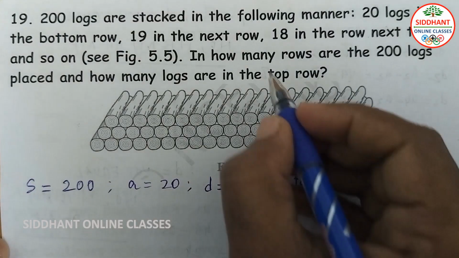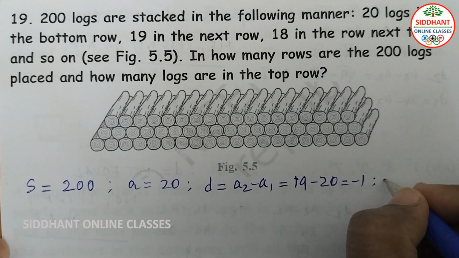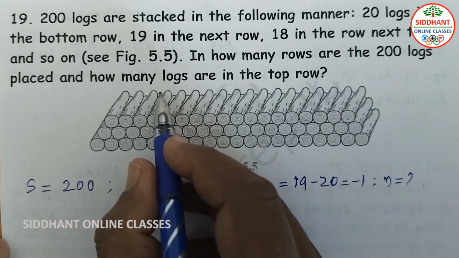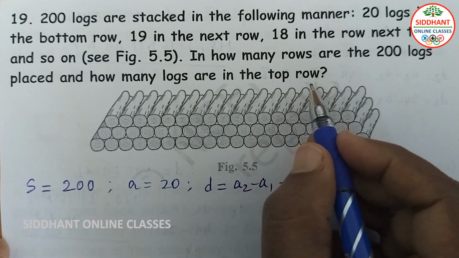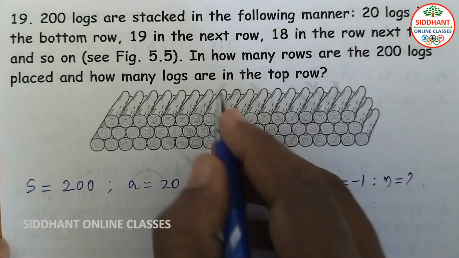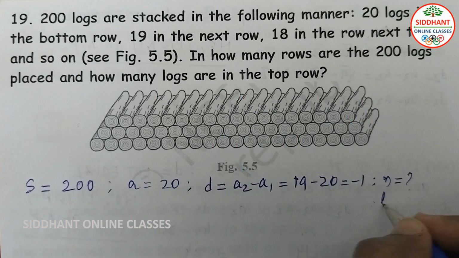And we are going to find out how many rows there are, that means we are going to find the n value here, and also how many logs are there in the top row, that means the last term. So what the top row is asking is L here. L how much?